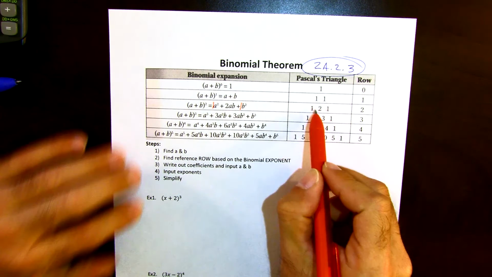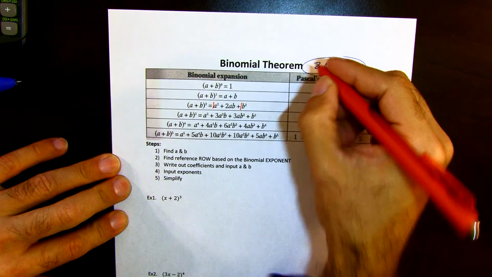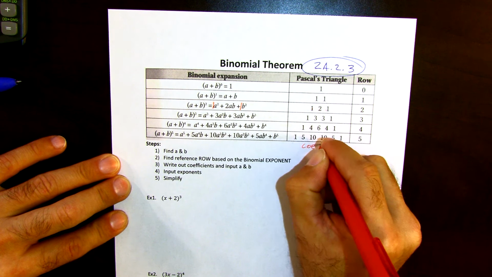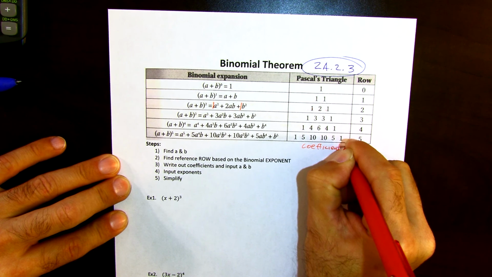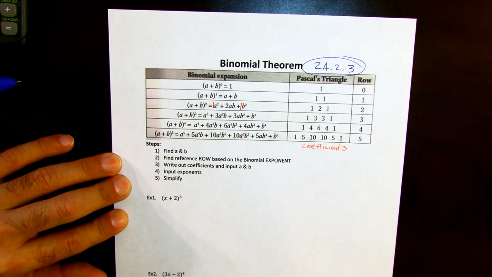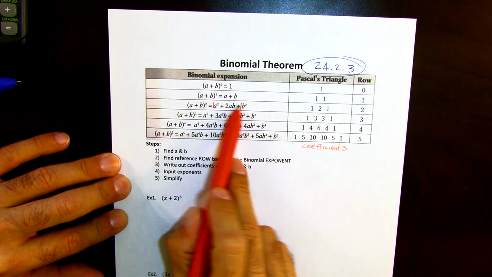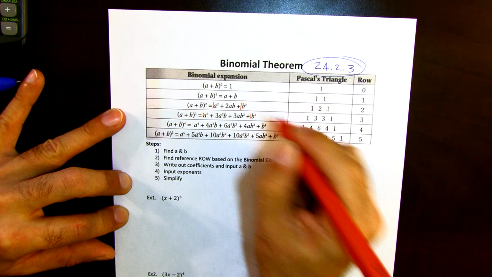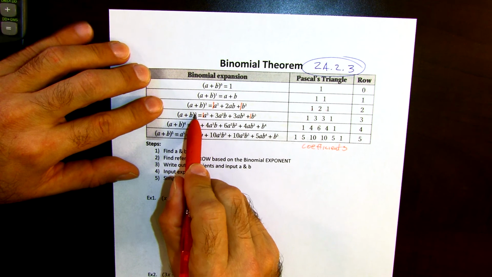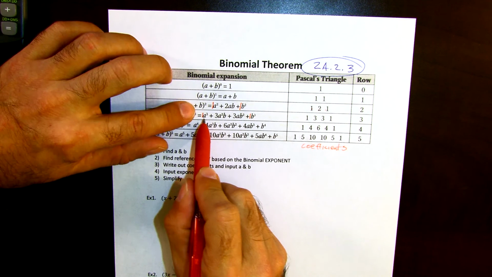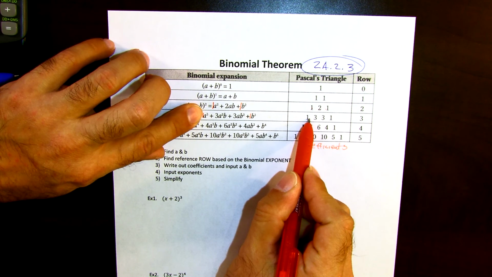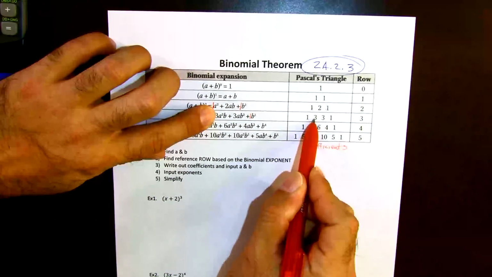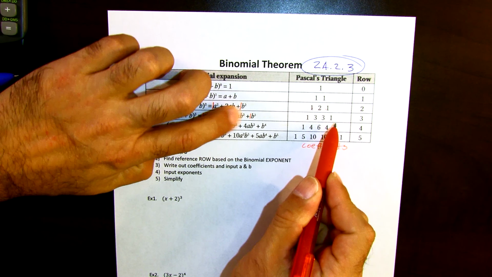So these Pascal triangles, these really are our coefficients. Okay? They're going to be the coefficients of the new expanded binomial. Let's see if we can see the same thing here. This is a 1, this is a 1. A plus b to the 3rd power is 1a cubed plus 3a squared b plus 3ab squared plus 1b cubed.